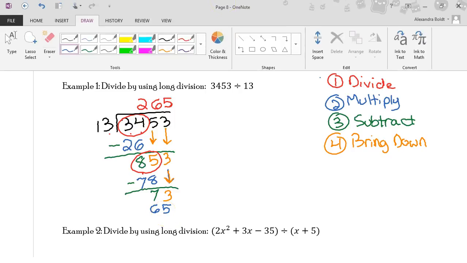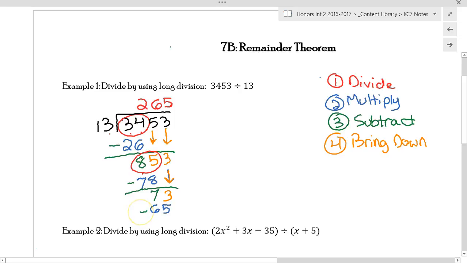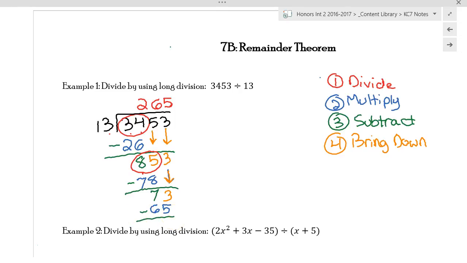Then our subtraction step, and we are left with 8. Now, 13 does not go into 8, so if it no longer goes in, we're done. So then we're going to write this as a fraction. It's really 265 and 8 13ths coming from that 13. So 265 and 8 13ths.